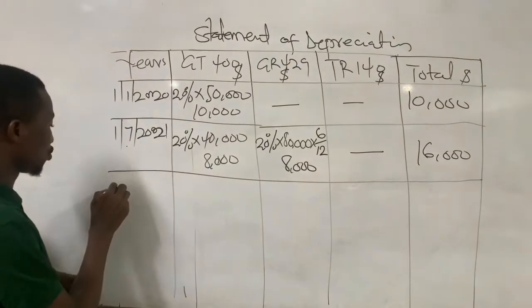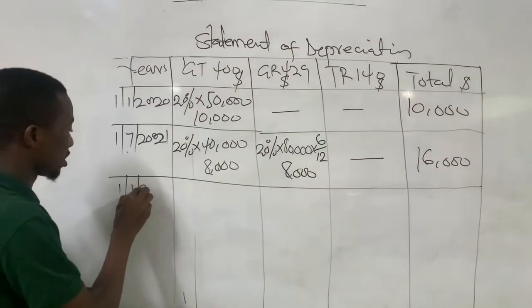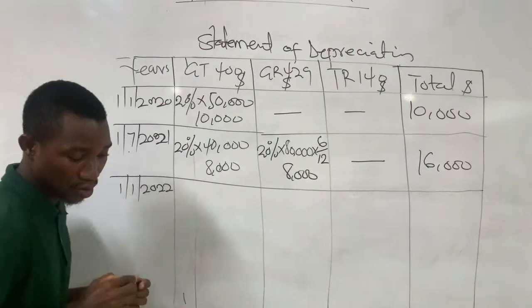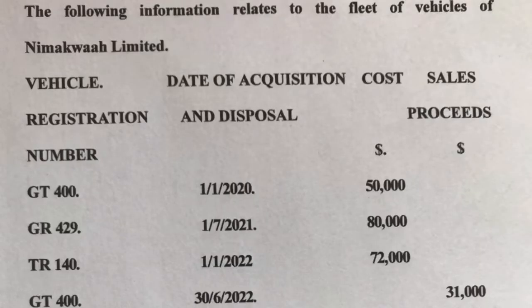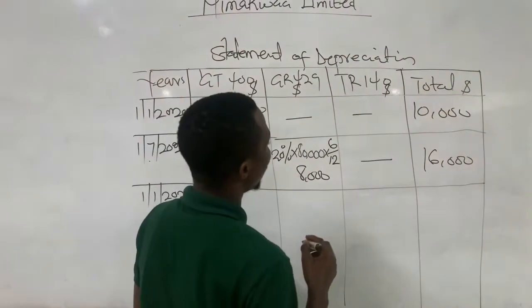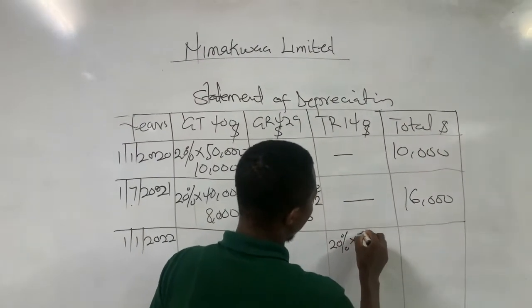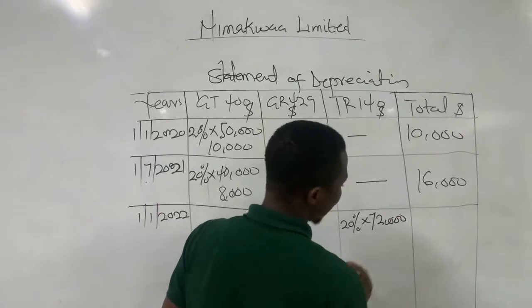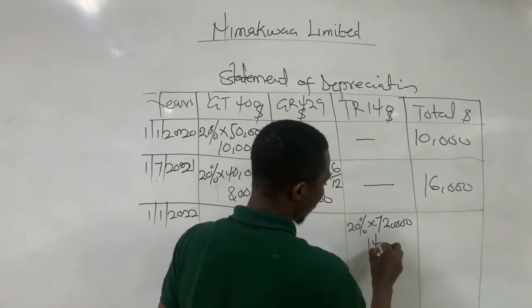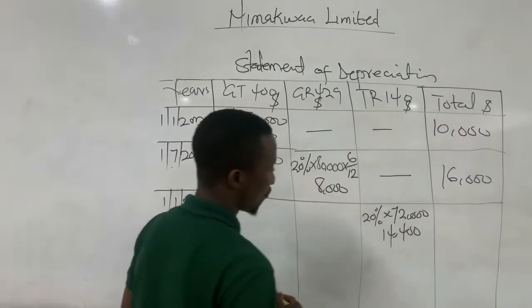So we are done with 2021. So let's move to 2022. That is 1st January 2022. We made another acquisition. That is TR 140 at a cost of $72,000. So that is 20% on 72,000. That is going to give us 14,400.